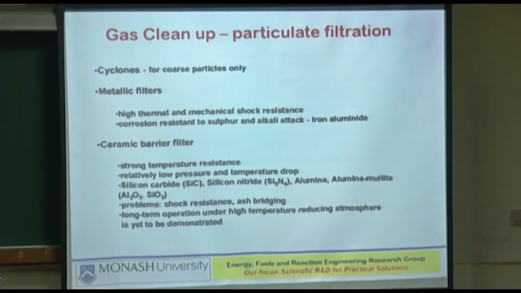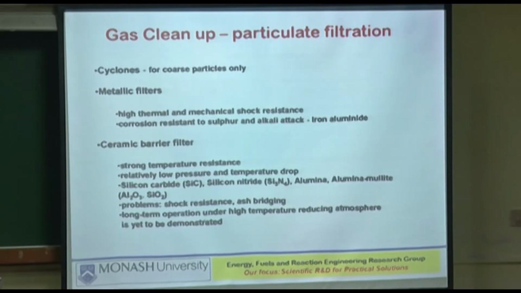Usually there was considerable impetus for the development of appropriate metals for metallic filters, and these were done predominantly by private companies. So Pall, P-A-L-L, was a front runner at one point of time.